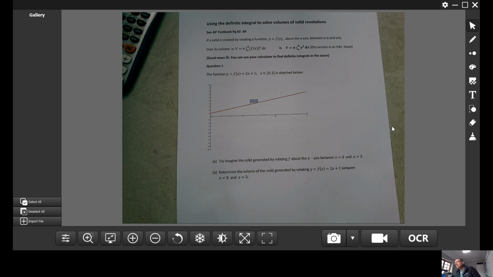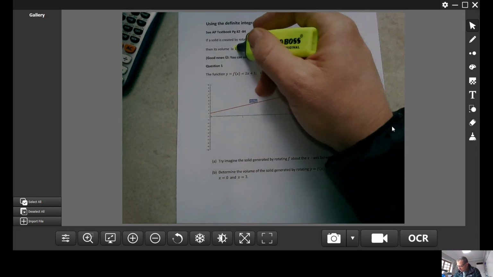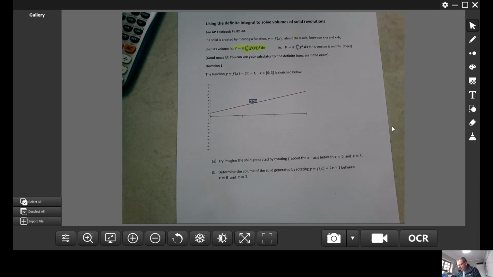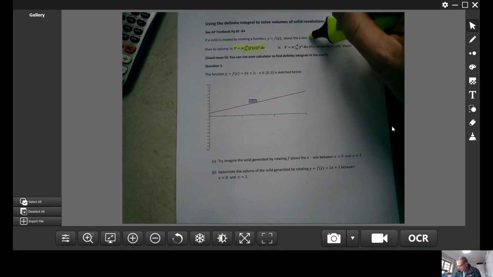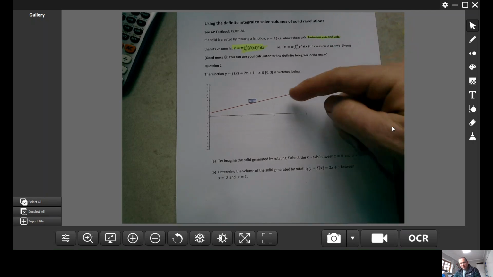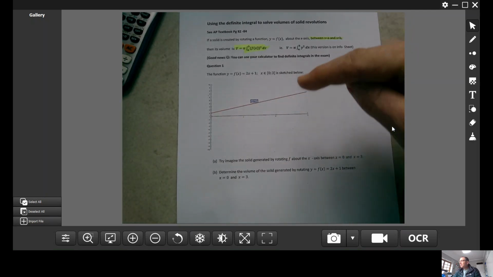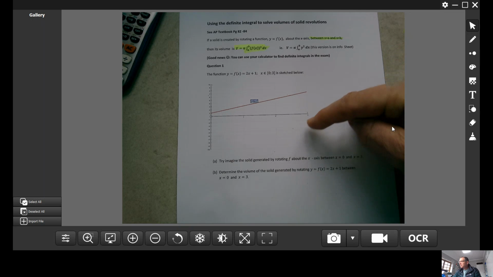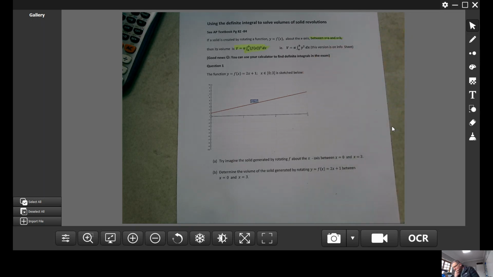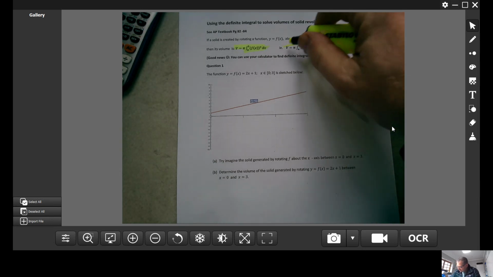The infinite sum is an integral, so we end up with the formula: if a solid is formed by rotating a curve about the x-axis between x equals a and x equals b, then its volume is pi times the integral between a and b of f of x squared with respect to x. On the formula sheet, this is what they give you.